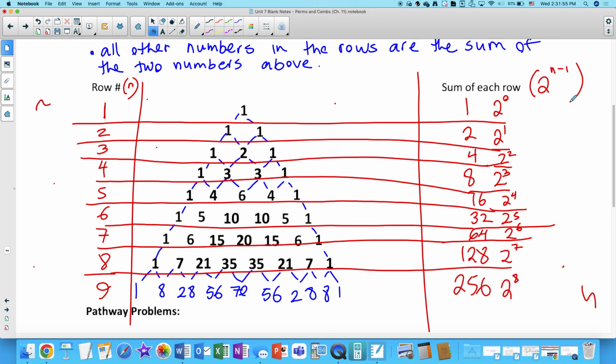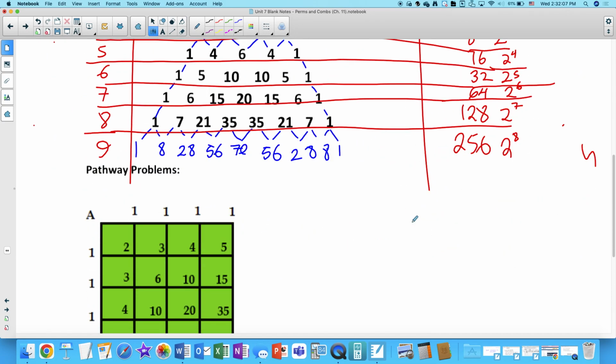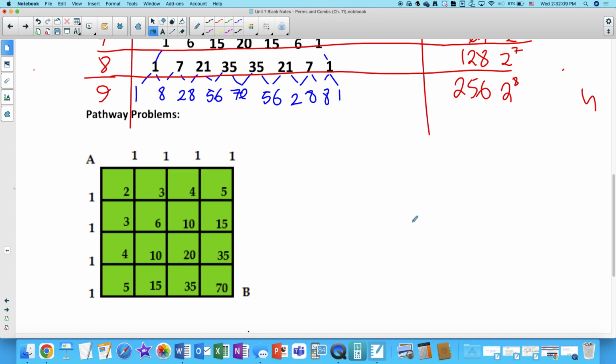Okay, now we actually saw these numbers come up on Monday in a problem that we did with permutations, which was a pathway problem. And I told you at that point that we were actually going to come back to those problems a little bit later on. And we're going to do that now because when you do a pathway problem, the numbers that show up on the grid are numbers within Pascal's triangle.